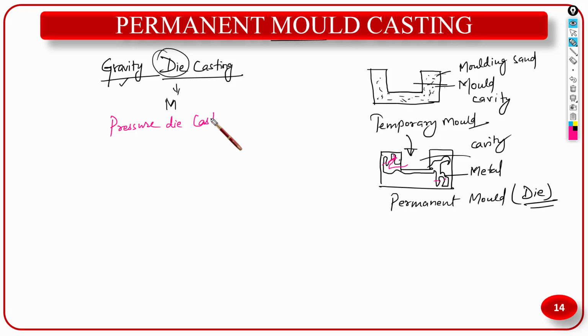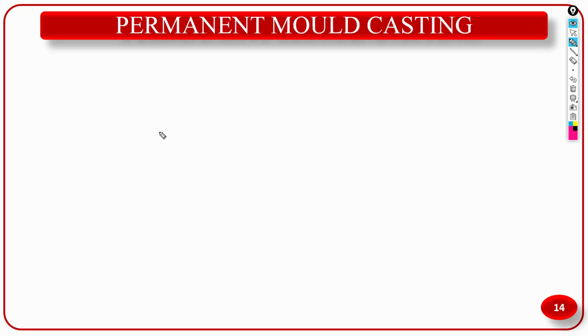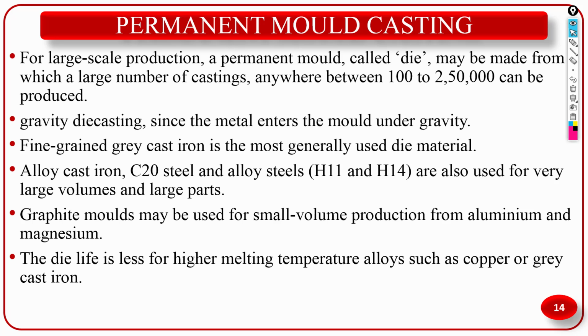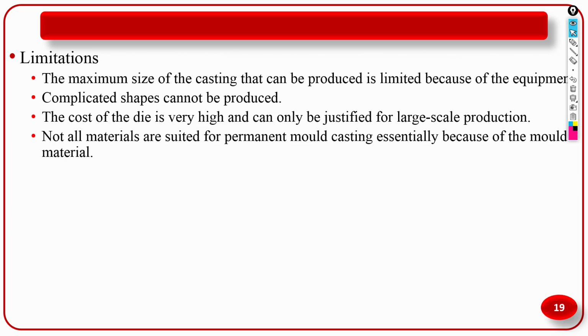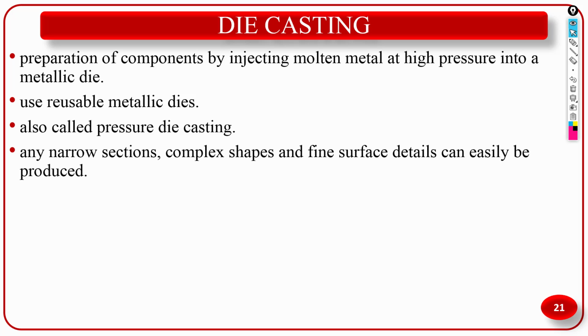Last class we already talked about permanent mold casting, or gravity casting. We will talk today about pressure die casting. This is pressure die casting: preparation of components by injecting molten metal at high pressure into a metallic die.